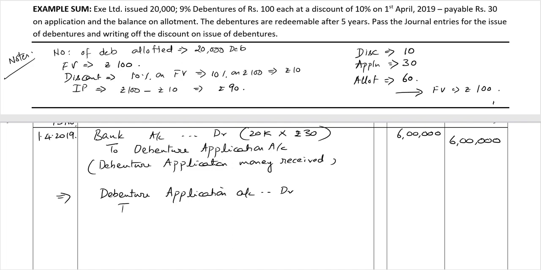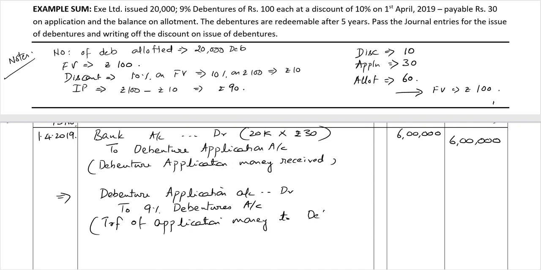Debenture application account debit to 9% debentures account for transfer of application money to debentures account. Amount transferred is the amount of the first entry, 6 lakh rupees.